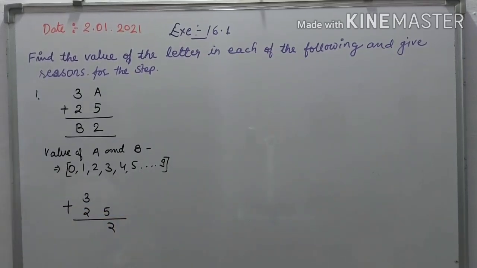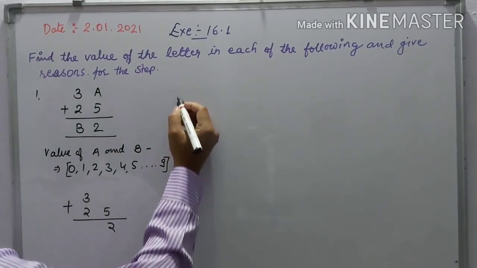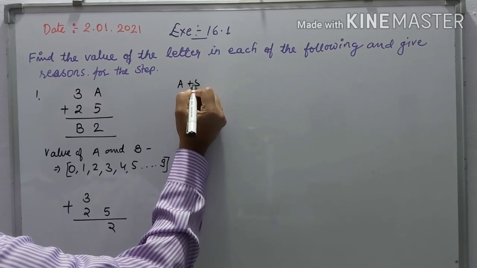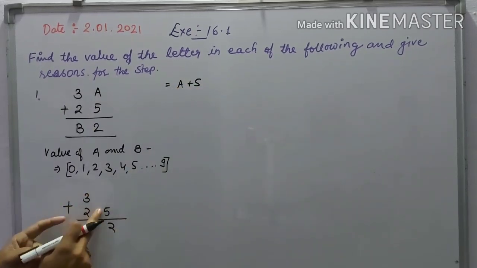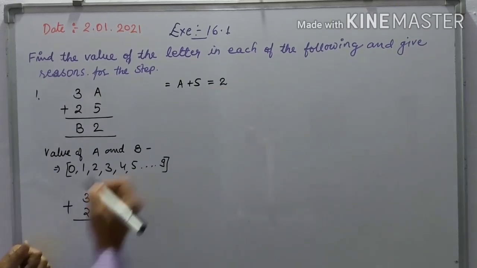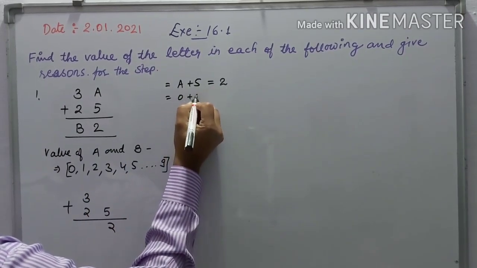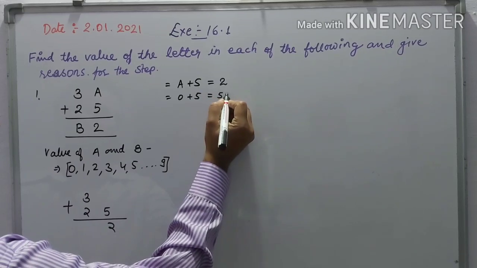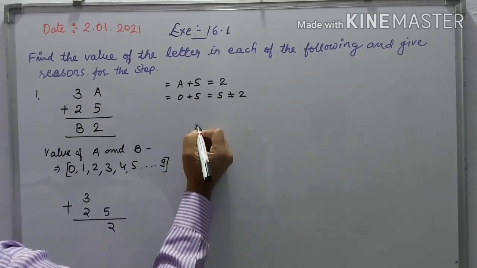Now first we suppose to put 0. 0 plus 5 is not 2. So you are wrong. Okay, so write the step. The step is first the value of a plus 5. A plus 5 is equal to 2. So 0 plus 5 is equal to 5, it is not equal to 2.